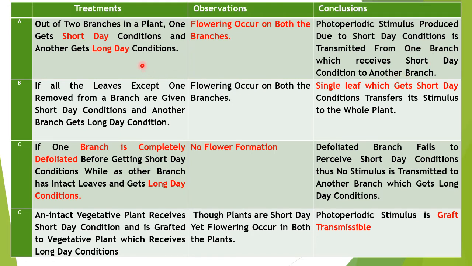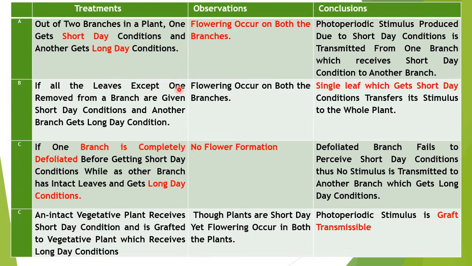Basically, the plant under experimentation is a short day plant. Now it has two branches. On one branch, a short day condition was given. On the other branch, a long day condition was given. But flowering occurs on both the branches, because it is a short day plant, it has perceived the short day and that has gone to the other branch also, where a long day was given.